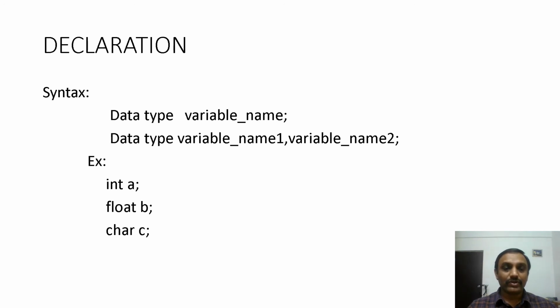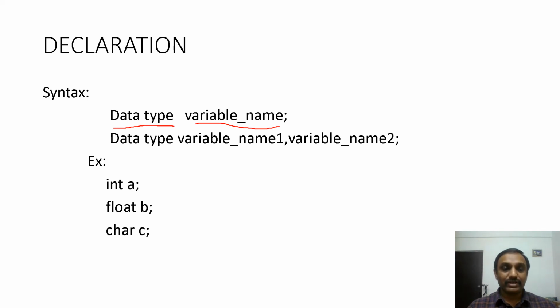In the declaration, to declare a variable, you have to take the data type, that is what type of data you are going to store in that variable, and the variable name. So this is the syntax to declare a variable. You can declare any number of variables by taking the same data type, which means all those variables belong to the same category. Like this, we can provide the declaration.